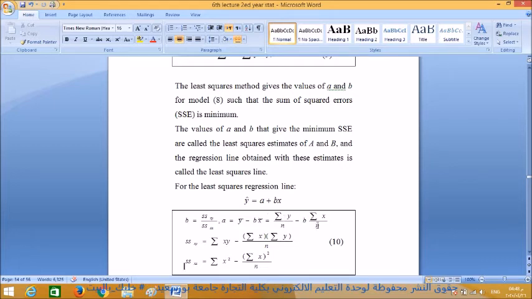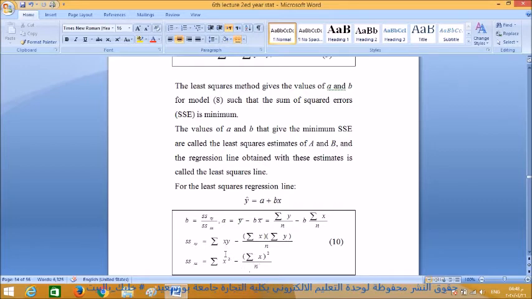Okay, and SSXY equals sigma xy minus sigma x sigma y over n, and SSXX equals sigma x squared minus sigma x all squared over n.